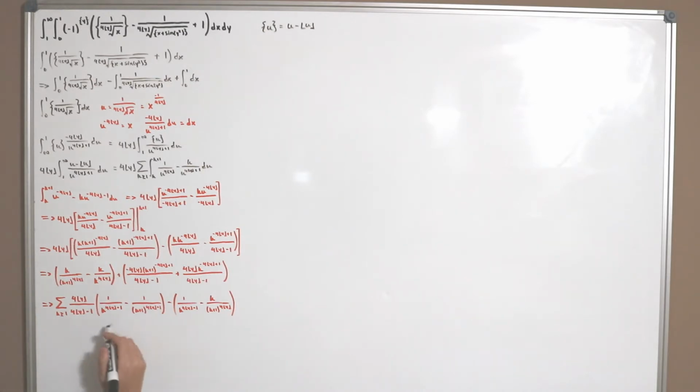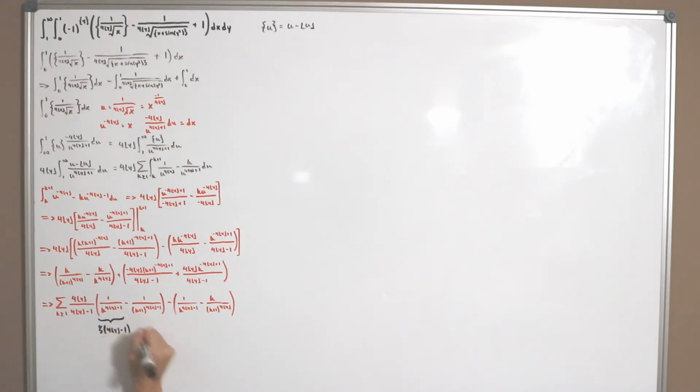If you pay close attention to this expression and this expression, you'll notice that this is actually the same formulation. This is the same thing as writing the Riemann zeta function of 4 floor y minus 1.